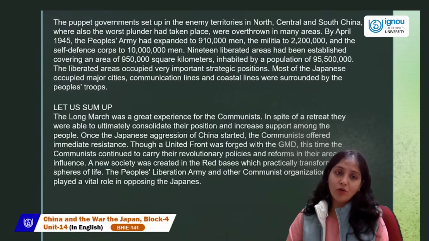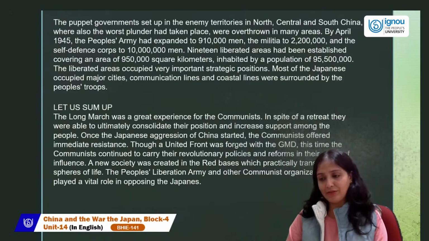And the liberated areas occupied very important strategic positions.